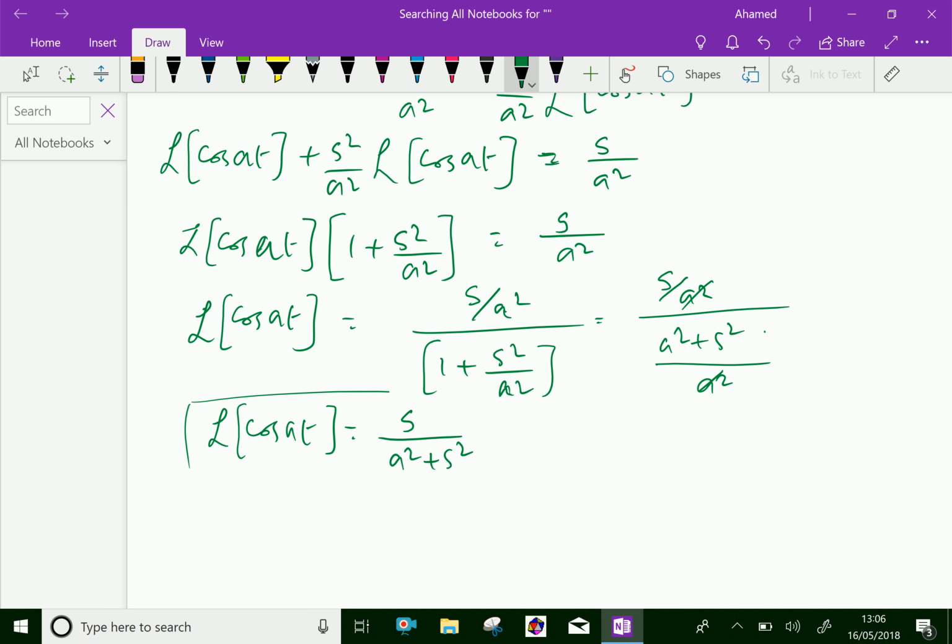So we got Laplace transformation of cos at equals s over s square plus a square.